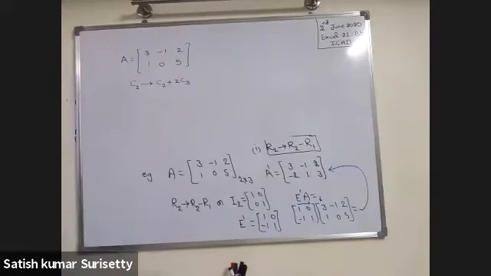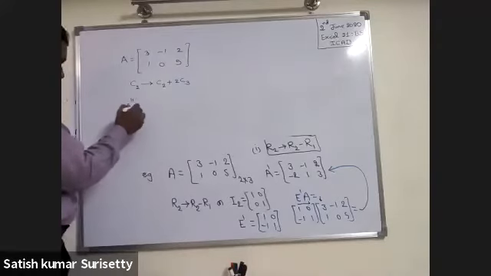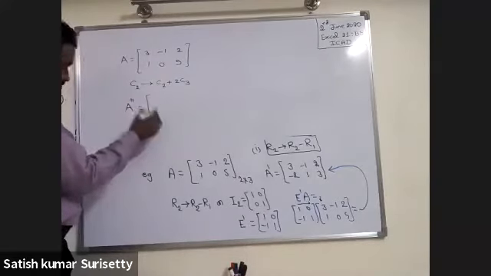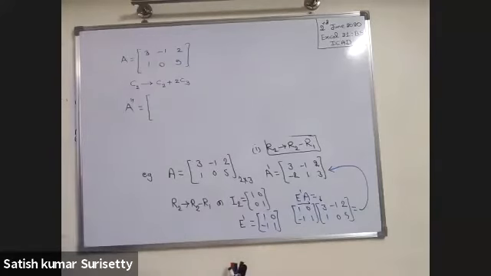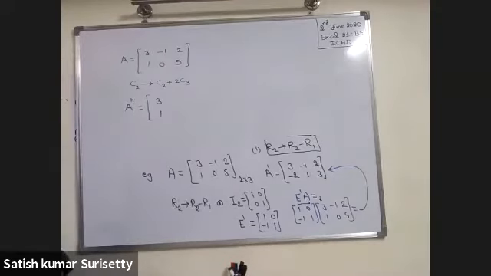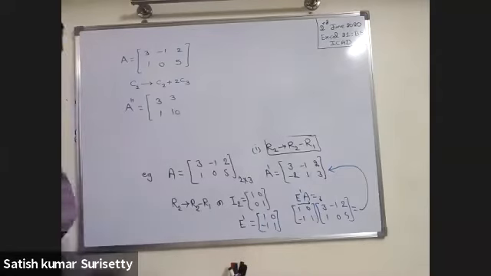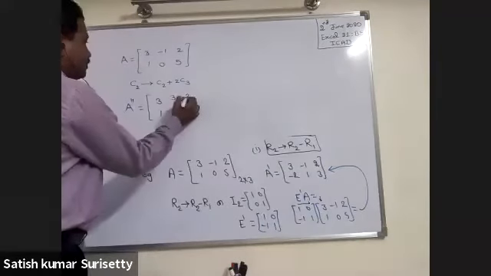Now tell me the new matrix A double dash. First column remains the same, 3, 1. Now tell me the second column C2. 3, 10. Third column 2, 5.